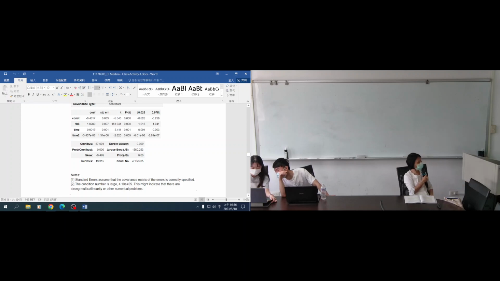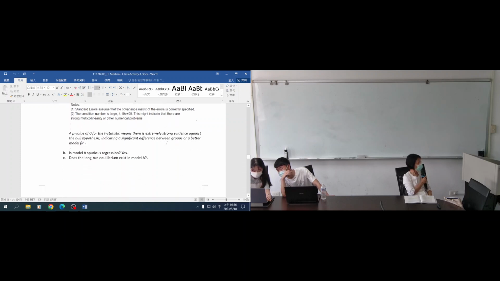If we want to see whether this model is spurious, we need to check whether the individual X variables pass the unit root test or not. And since using different lags gives different results, for individual variables maybe it is somewhat spurious.